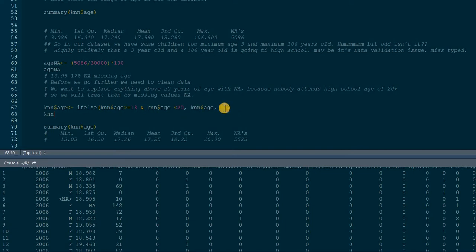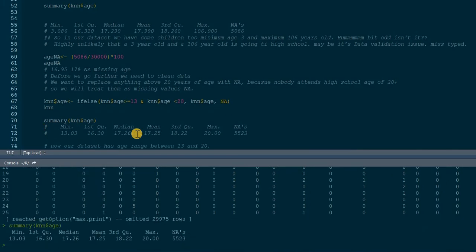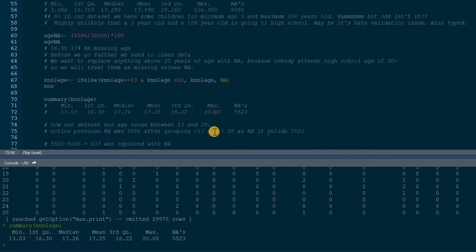Otherwise, you would put that as a NA. And if you were to do it now, you get the range is quite okay now. Before it was going something like 106 and 3. Now the minimum age is 13 and maximum age is about 20, which is quite, I think, okay.